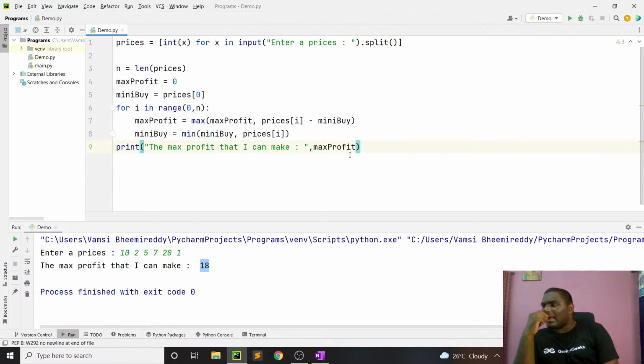So whenever the remainder is 0, you can say it's a divisor of the given number n. That's how the definition of a divisor works. If you have understood the problem, please try it on your own and let me know in the chat whether you are able to solve it or not.